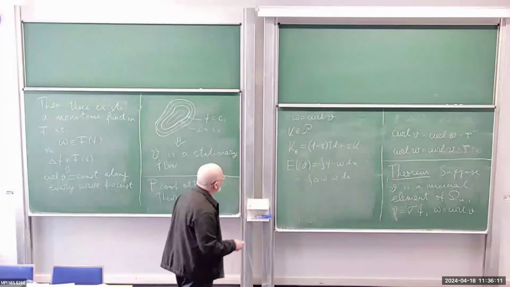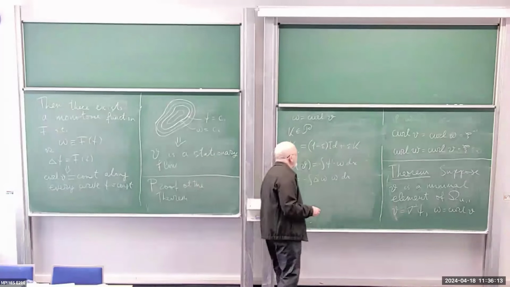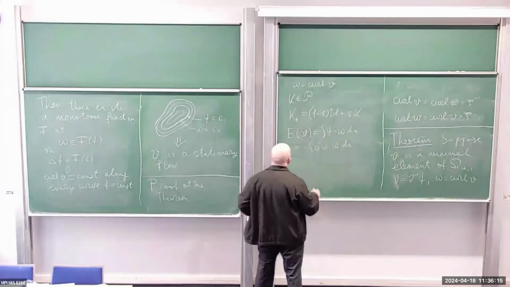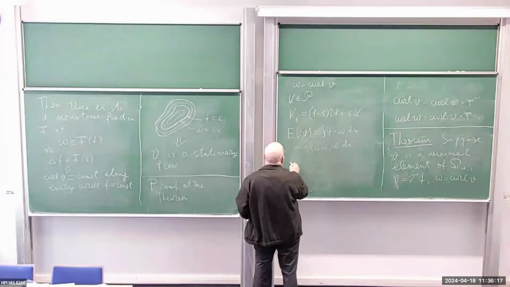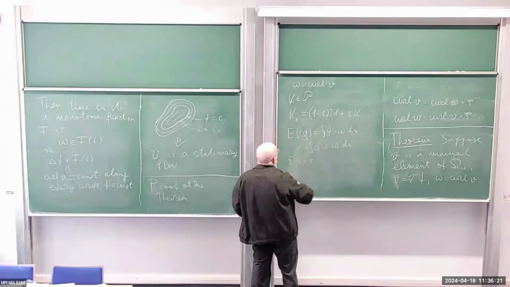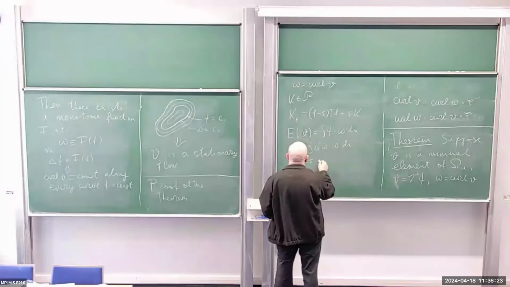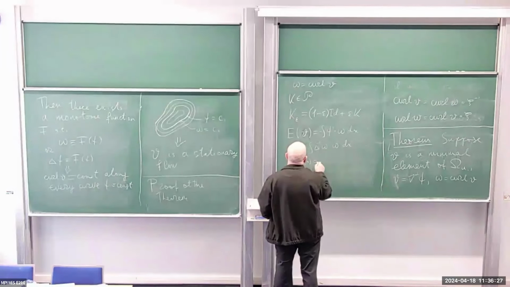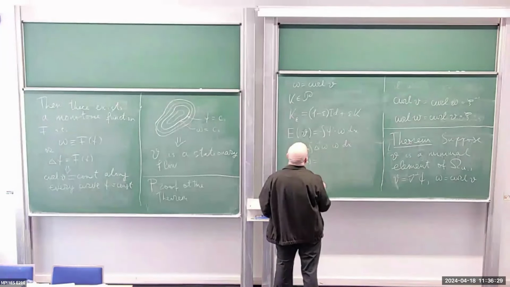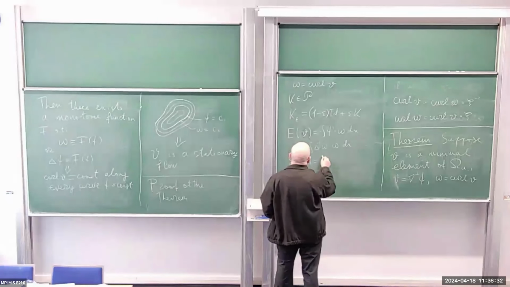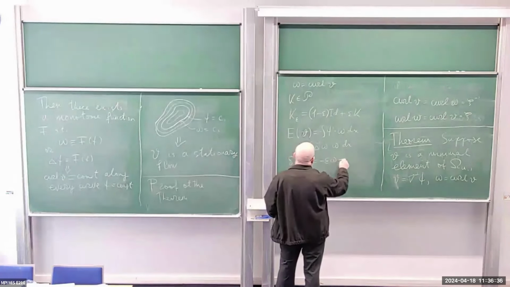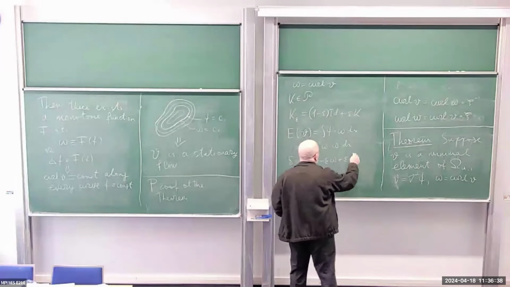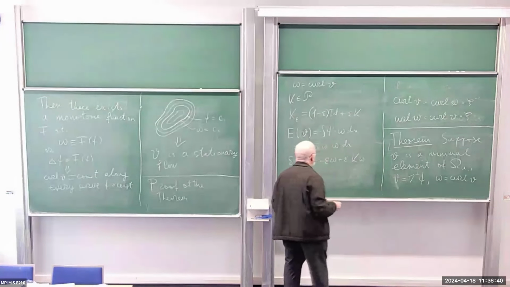Now here, delta omega, the change of omega, equals minus epsilon omega plus epsilon K omega.